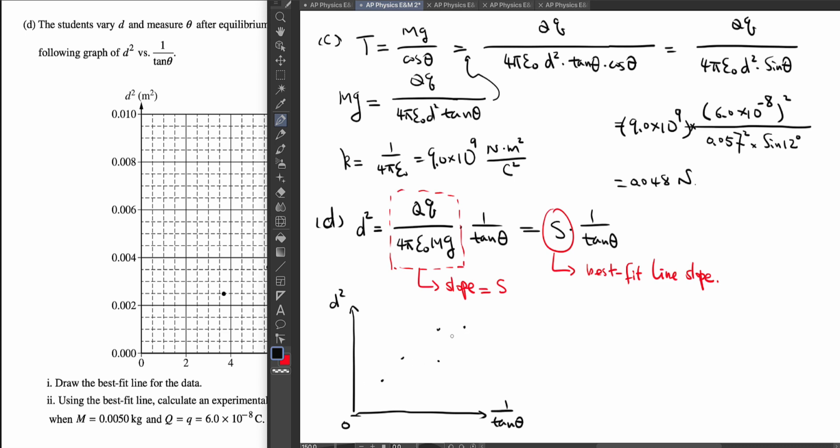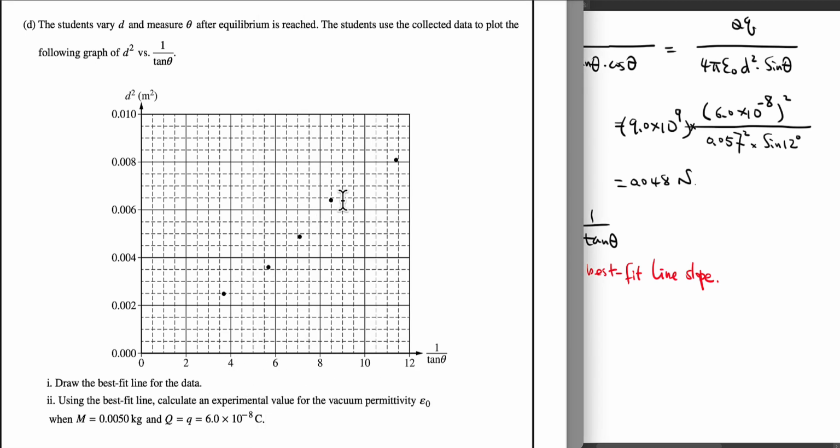So you want to have a straight line going through as many points as possible, and then the remaining points will be uniformly distributed along the two sides of the line. So you should have something like that. Here it's just schematic. You should use your ruler to draw a straight line through all these points.